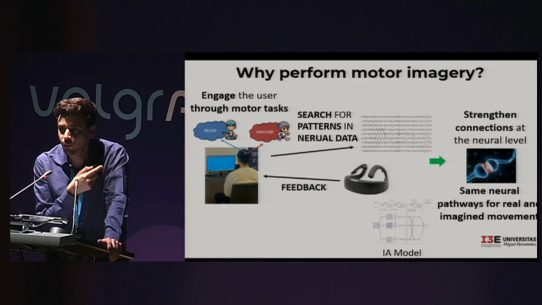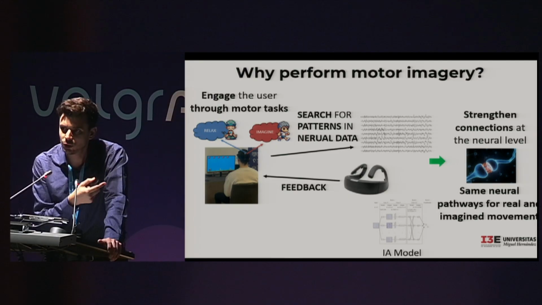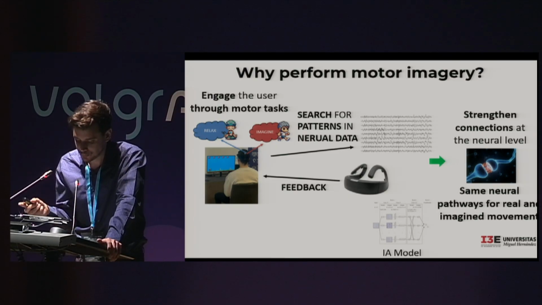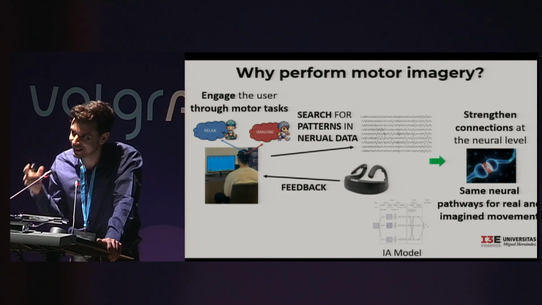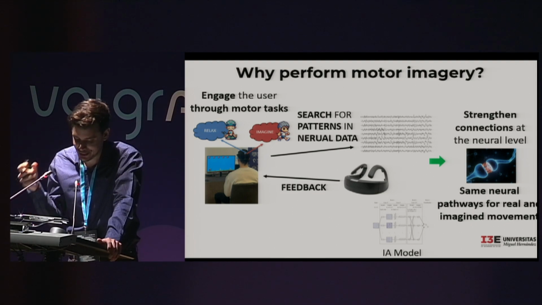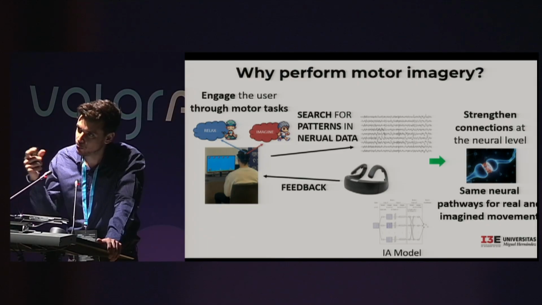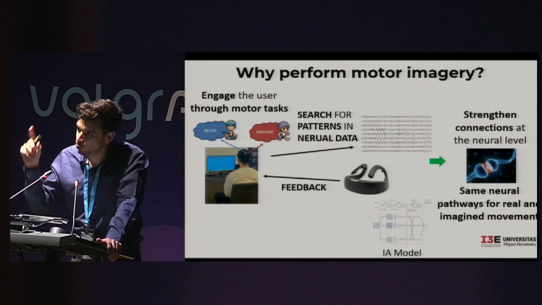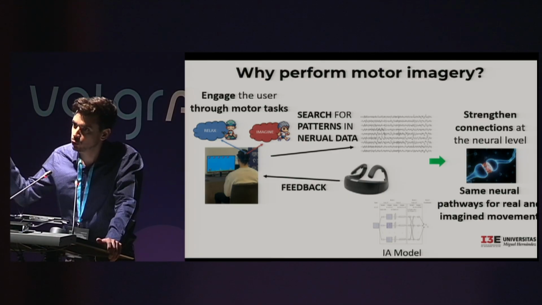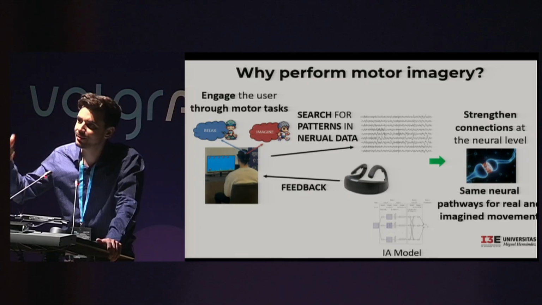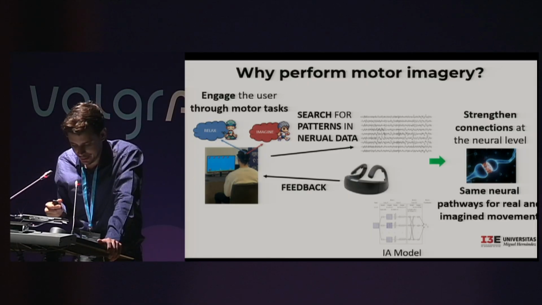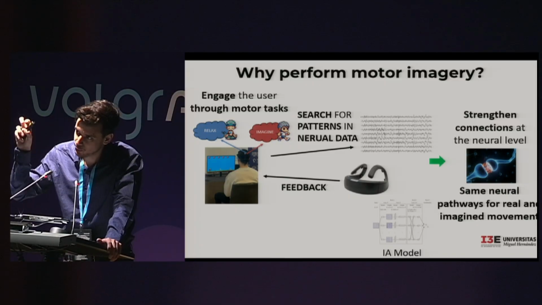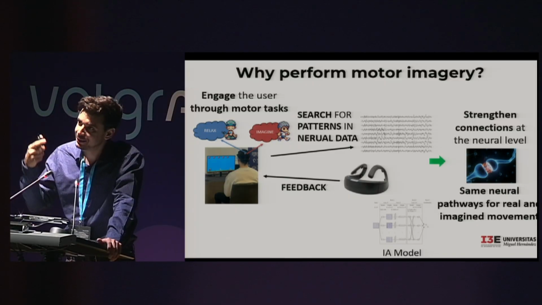Why perform motor imagery? To control the interface, we are using motor imagery because it actively engages the user in mental movement tasks. While they imagine movements, we record and decode those signals to provide real-time feedback to reinforce the same neural pathways involved in the real movement.